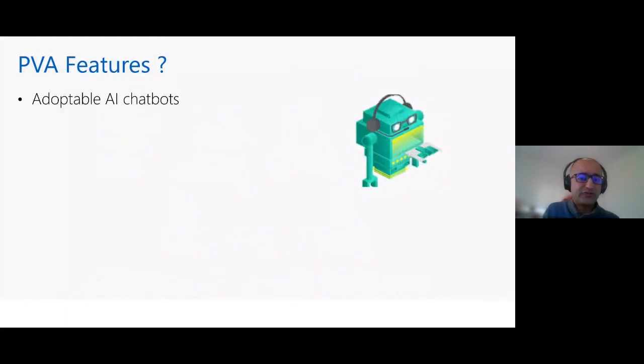A few key features of Power Virtual Agent. I think the main thing is Power Virtual Agents are powered by artificial intelligence. It means for a conversation with a bot developed with Power Virtual Agent, the conversation doesn't just have to be exact matches of sentences.